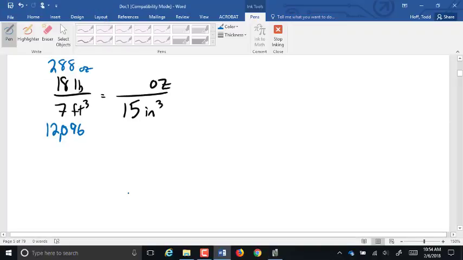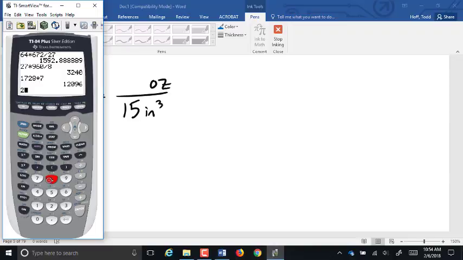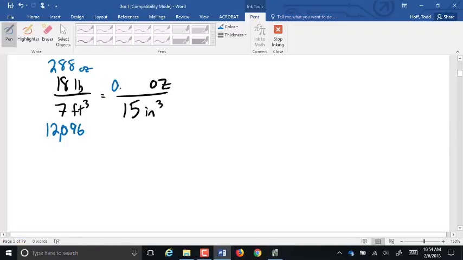Then we'll cross multiply and divide. 288 times 15 divided by that answer is 0.357. No, the 18 is gone. Those are gone.